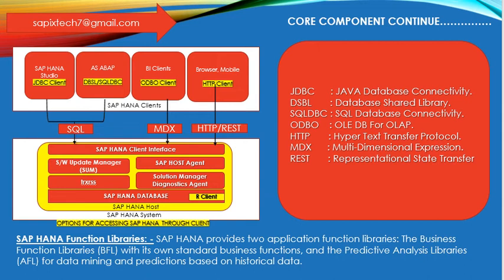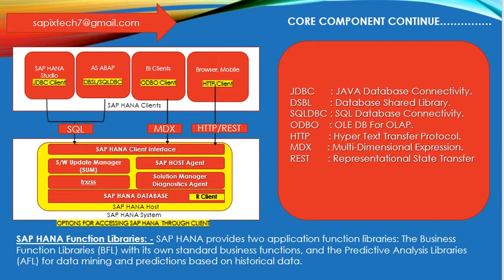So ODBO, I have provided you the full form. ODBO is OLE database for OLAP. OLE stands for Object Linking and Embedding Database. For OLAP, OLAP is again online analytical processing, which BW uses.